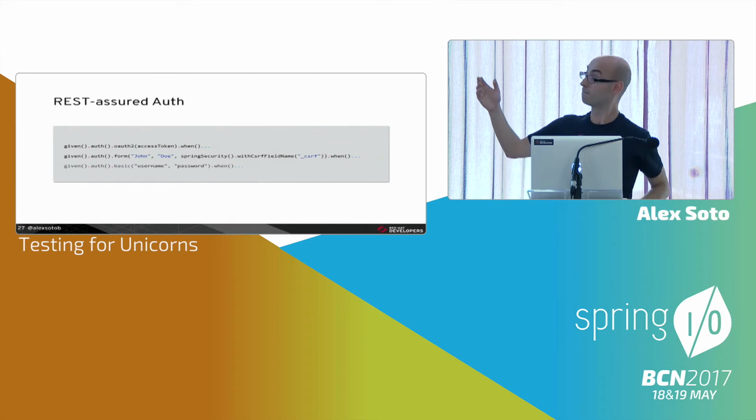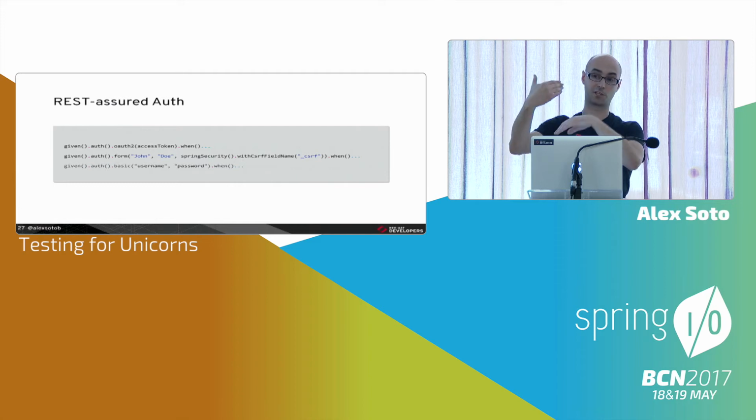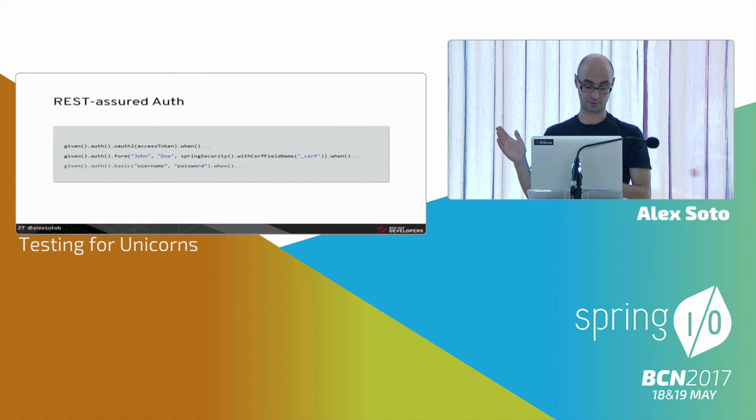And finally, you've got the RestAssured auth, because probably your REST APIs are secured, and you are thinking, oh, then I always need to put in my code given, blah, blah, blah, do all the stuff related to the security, and then start the calling. You don't need to do this because RestAssured provides the most common authentication methods: basic, digest, form, CSRF token, OAuth 1 and 2, and you can even implement your own authentication method.